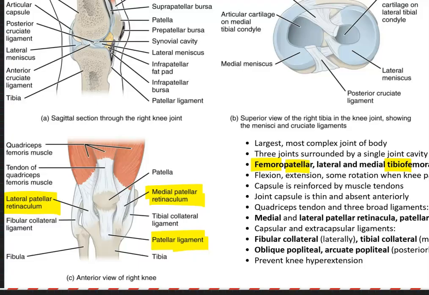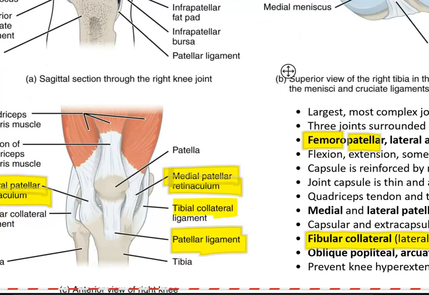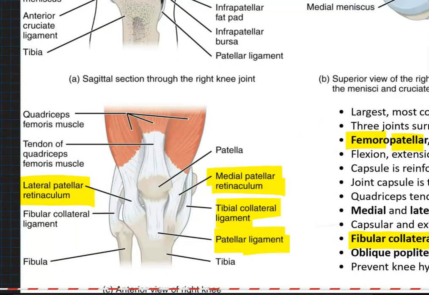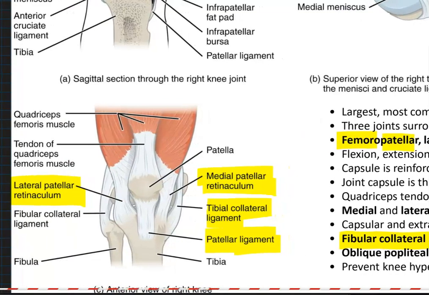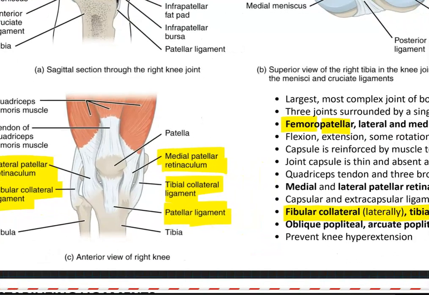On the sides, fibular and tibial collateral ligaments. You can see them here. So tibial collateral, or TCL, and fibular collateral, or FCL. Okay?